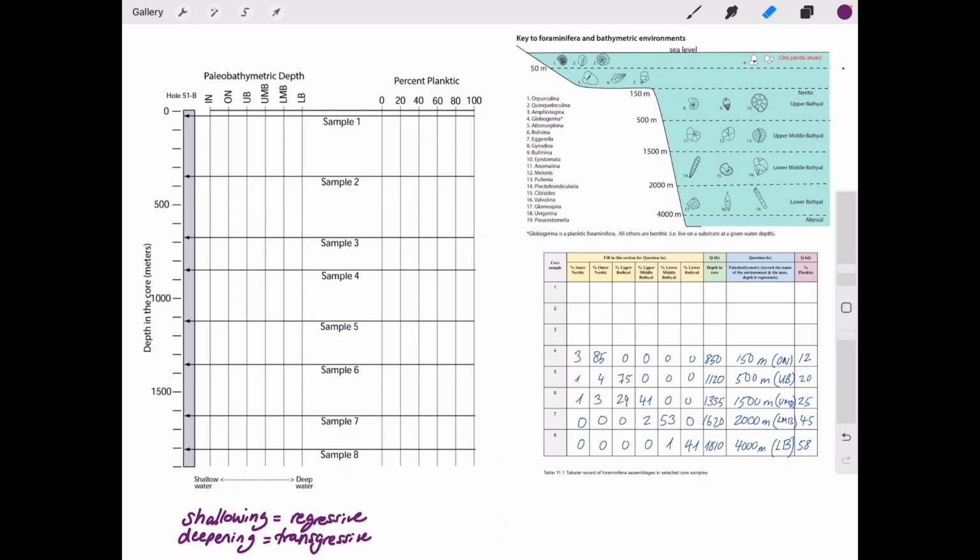So in this one, the graph is a little unconventional, like you can see. There's all kinds of different axes.